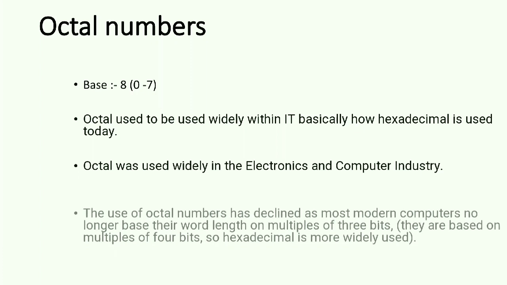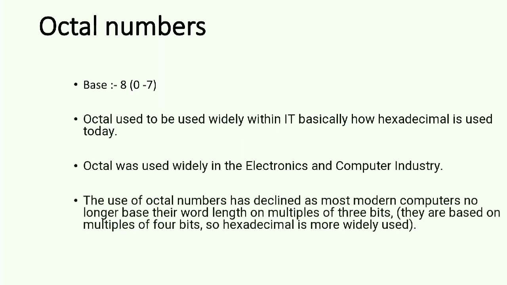Because the use of octal numbers has declined, as most of modern computers no longer base their word length on the multiples of 3 bits, whereas the hexadecimal uses it on the 4 bits, and so that is more widely used. Then, for example, we have 2322 with subscript 8. That means whenever we write 8 at the subscript, we are talking about the base being 8 and the number denotes an octal number.